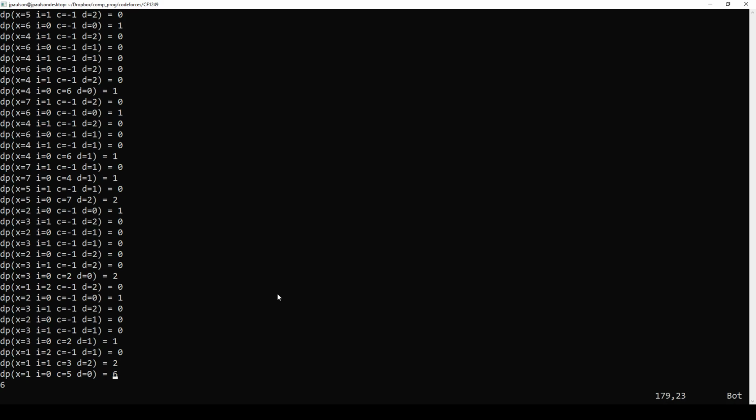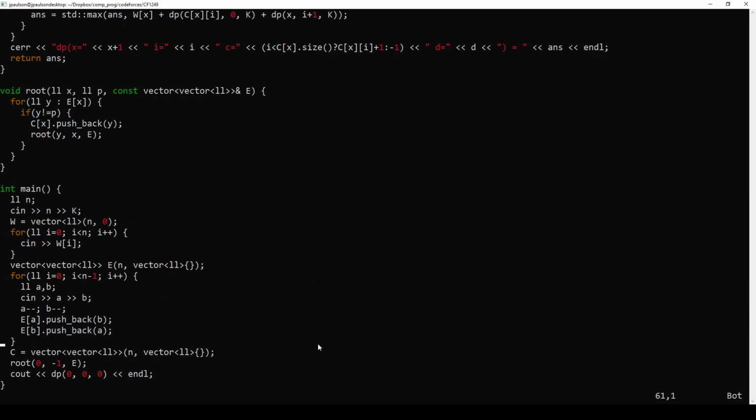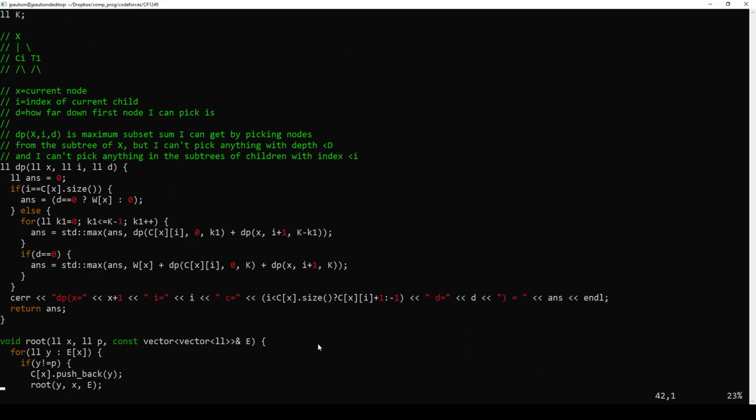So if this seems wrong. Yes, okay. So I didn't properly propagate the constraints from above. So this, we can't pick anything with depth less than d. So regardless of what kind of recursion we're doing here, we do have to respect that constraint.